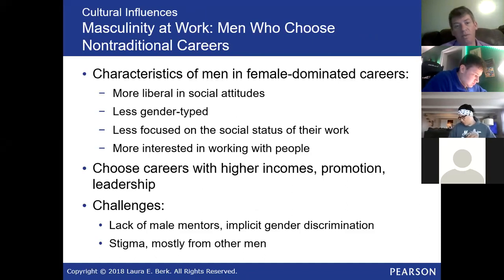More cultural influences, masculinity at work. Men will sometimes choose non traditional careers. The characteristics of men in female dominated careers, they seem to be more liberal in social attitudes. They are less gender typed. They focus less on the social status of their work, and they are more interested in working with people.